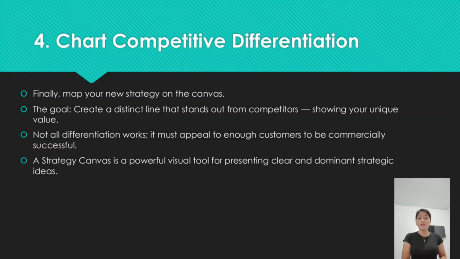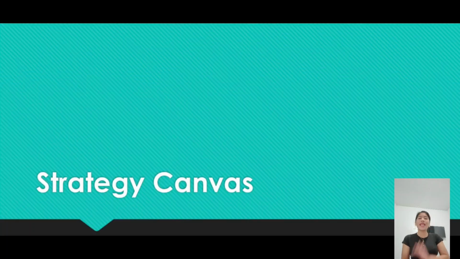For example, Tesla's strategy canvas shows it stresses innovation, design, and environmental performance, while reducing reliance on gas, making it different from traditional car brands. The strategy canvas helps organizations not only understand their competitors but also innovate in ways that create new opportunities that make competition less relevant.